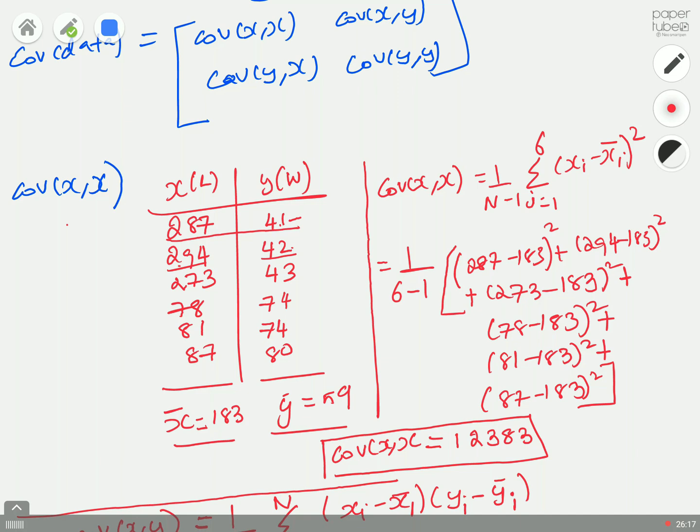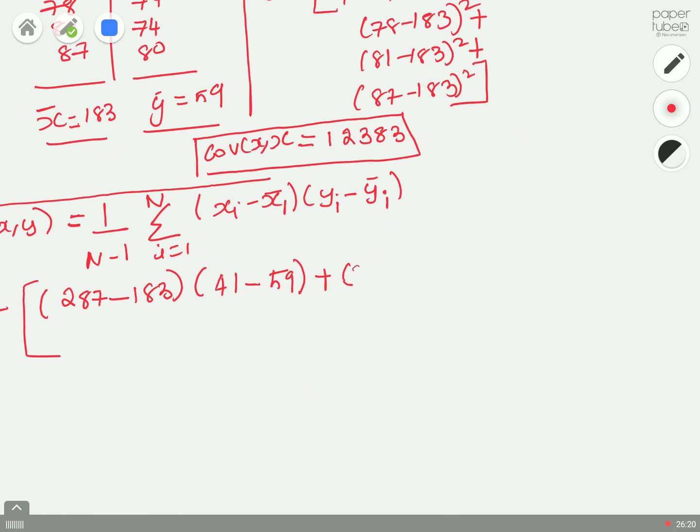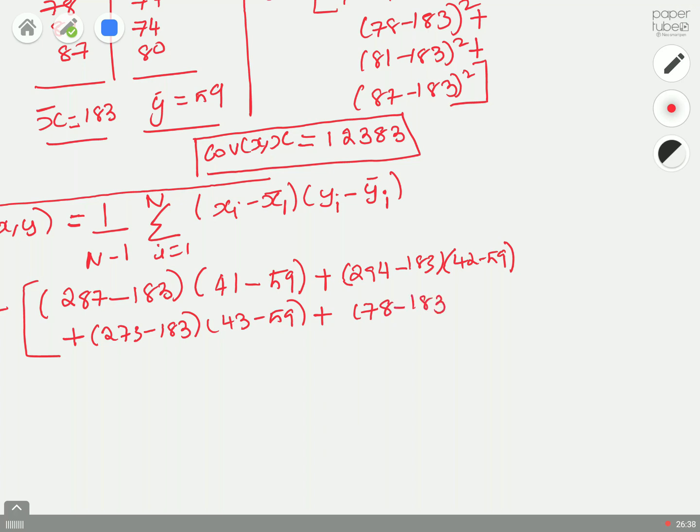So it will be 294 minus 183 multiplied by 42 minus 59, plus 273 minus 183 into 43 minus 59, plus 78 minus 183 into 74 minus 59, plus 81 minus 183 multiplied by 74 minus 59, plus the last value.